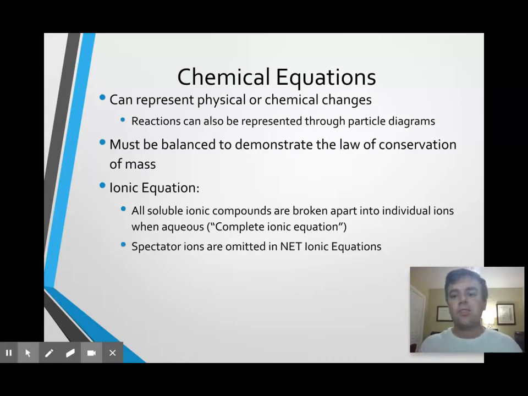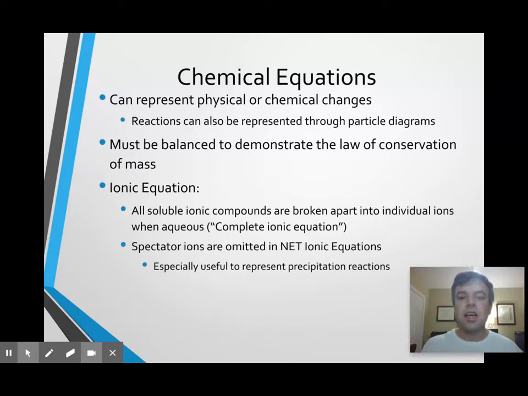And then there's this thing called a net ionic equation where you take the spectator ions and you cancel them out. And this is especially useful for representing precipitation reactions, which we'll be talking about soon. Precipitation reactions are where you mix two substances together where they're dissolved and then a solid forms and precipitates out.